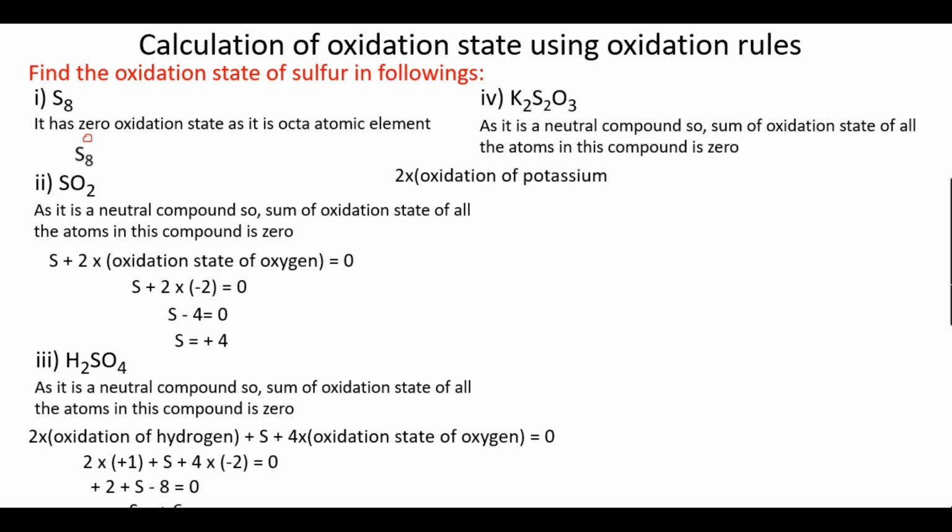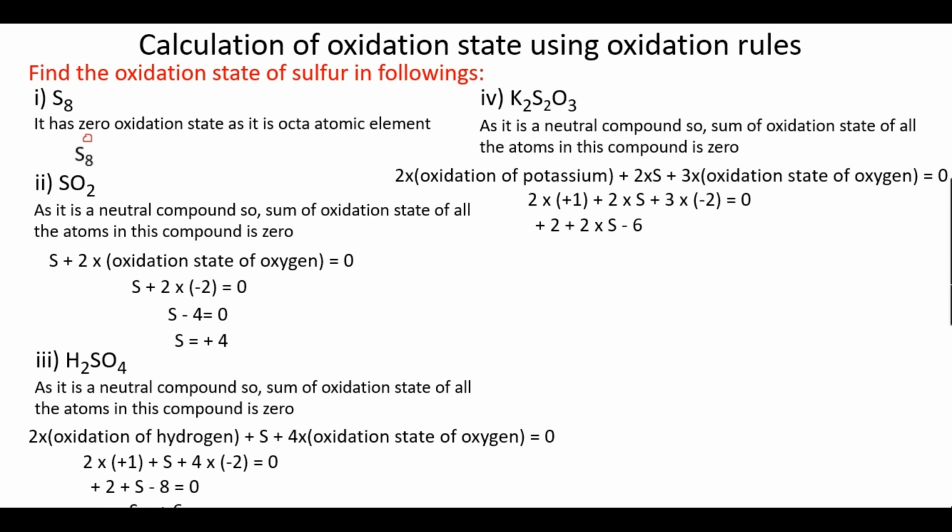So keeping that in mind and replacing all the suitable values, we can find the oxidation state of sulfur in this situation. And finally, the answer shows the oxidation state of sulfur is plus 2.